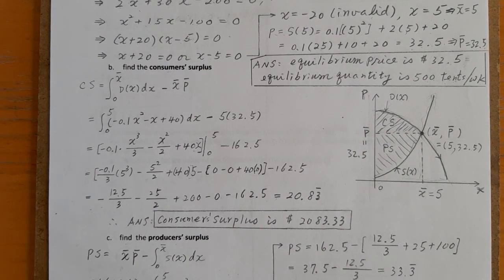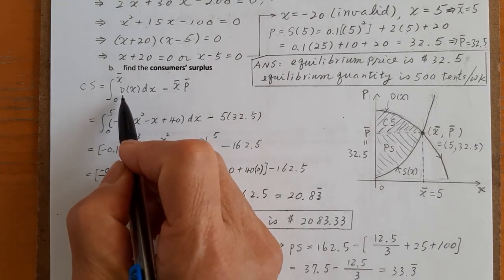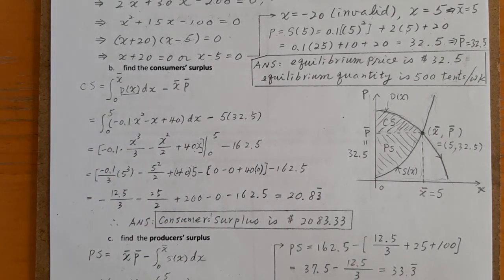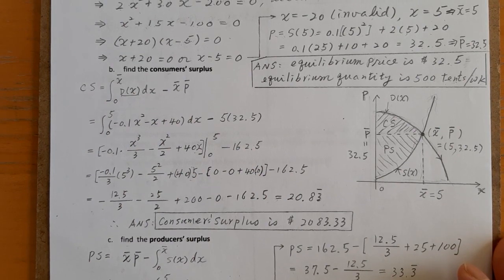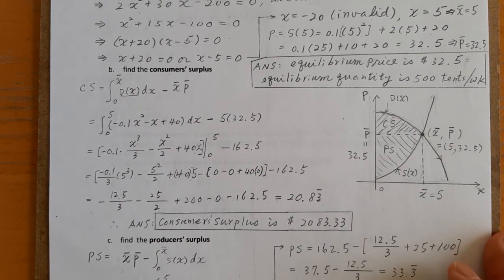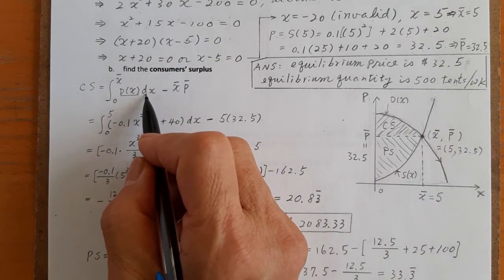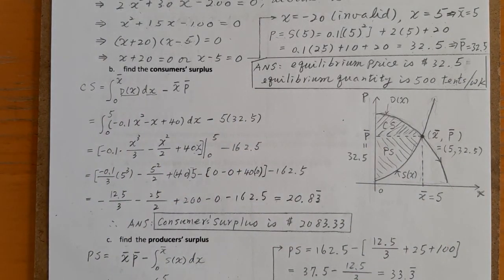Because what is the d of x? D of x is a price per unit, times dx. Dx is how many units are sold, the consumer demand.